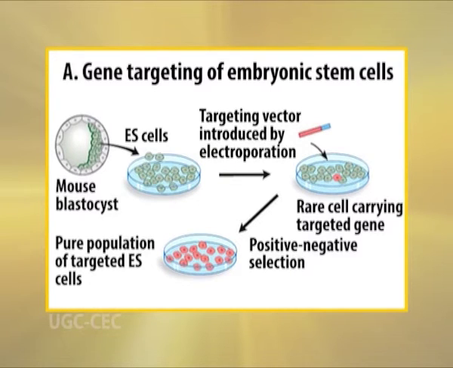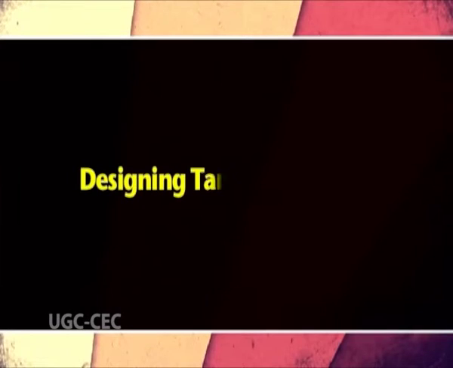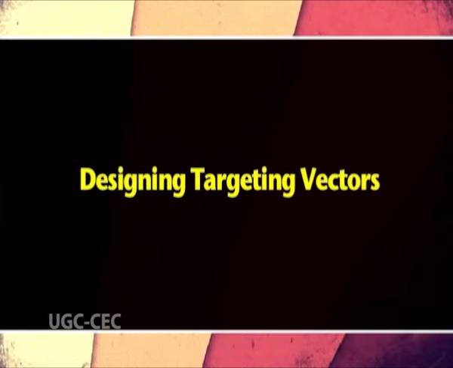Introduction of the linearized targeting vector into mouse embryonic stem cells and selection and screening for the targeted embryonic stem cell clones that have integrated the planned modifications by homologous recombination. Number 3. Microinjection of targeted embryonic stem cells into blastocysts to generate mice chimeric for the targeted embryonic stem cells and host blastocyst cells.